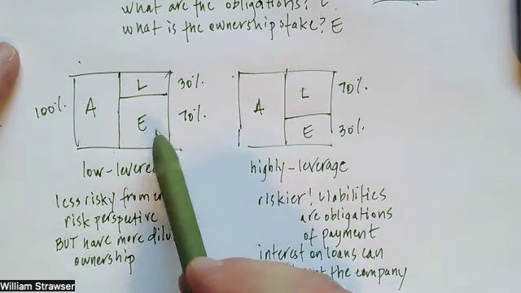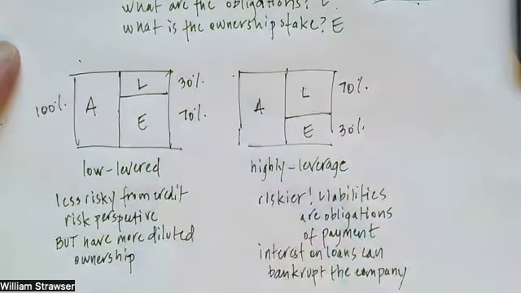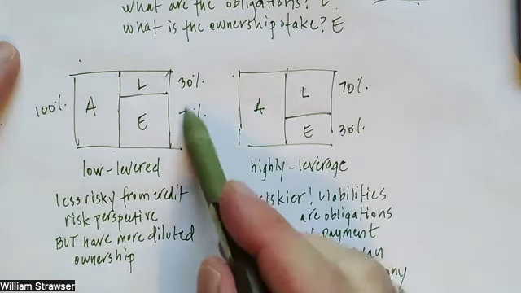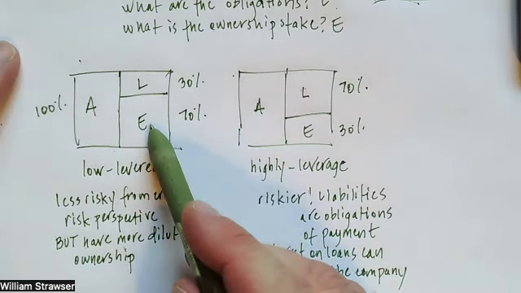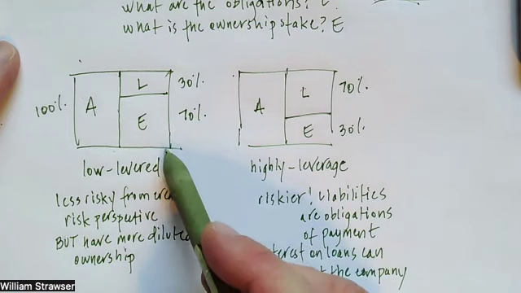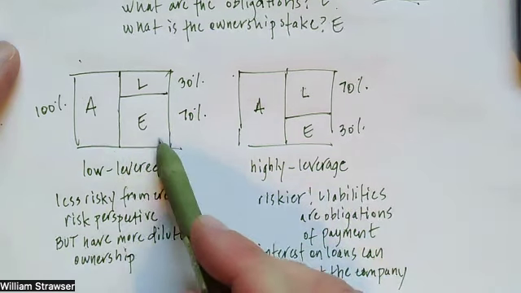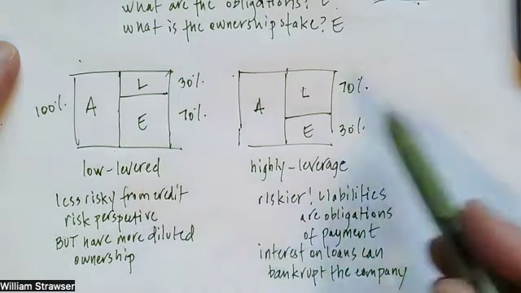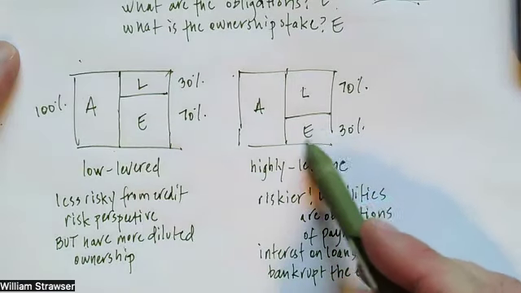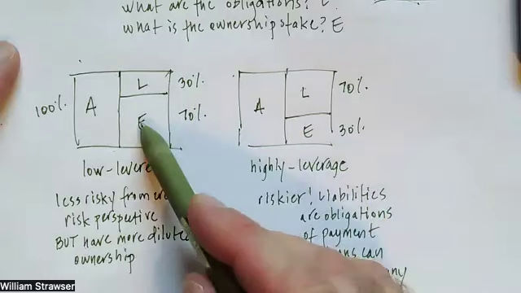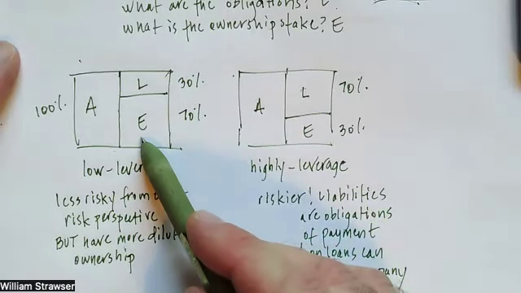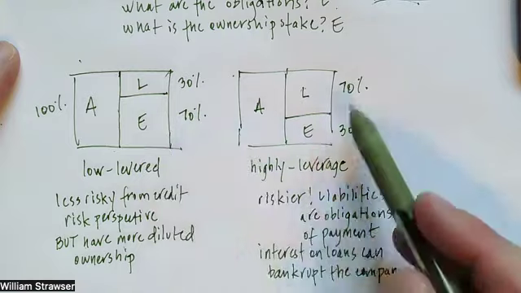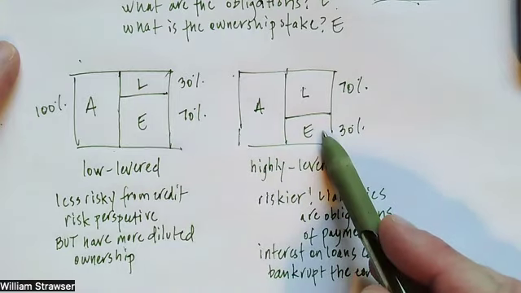It would take a much larger equity investment on my behalf. If there's $700 million of equity floating around, it would take a much higher investment in terms of buying stock for me to get a 10% ownership in this company than it would for me to get a 10% ownership in this company, because there's far more shareholders in a 70% equity company than there is in a 30% equity company.